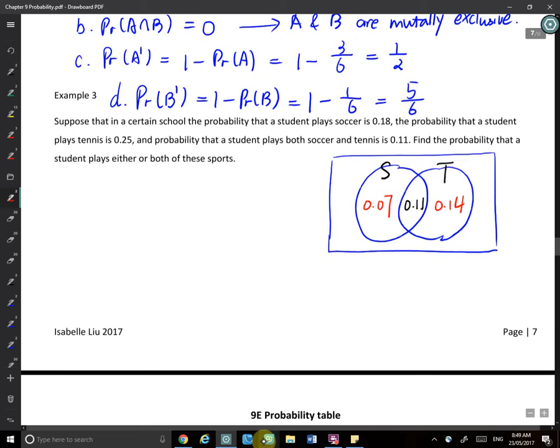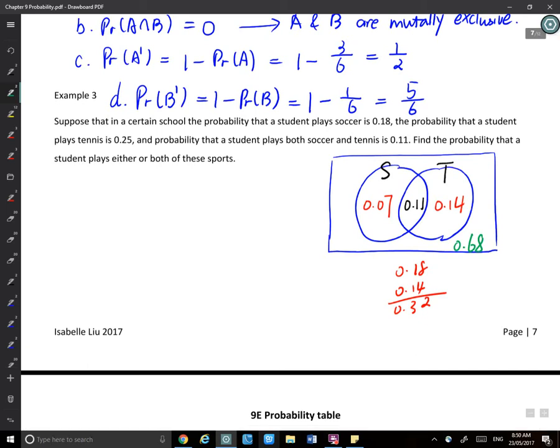And then you need to find the outside. So 0.18 plus 0.14, you have 0.32. So the outside will be 0.68. Not playing soccer or tennis.